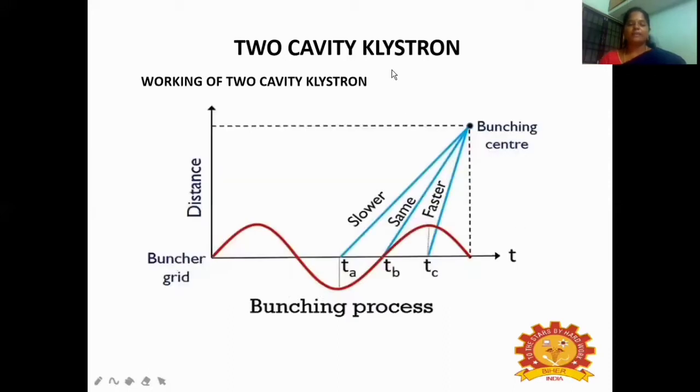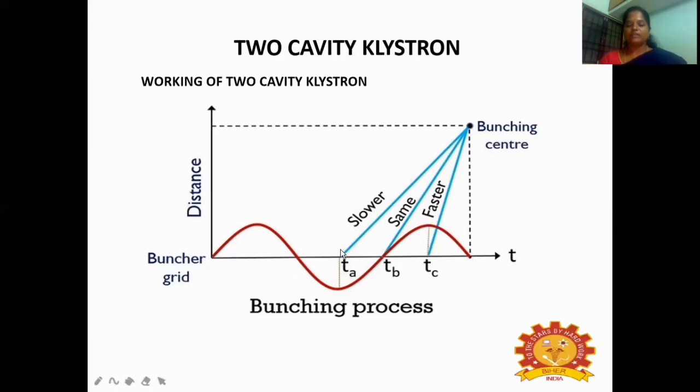So this is the Applegate diagram. The x-axis is time and the y-axis is distance. This is the RF input signal which is applied. This is the electron which has been moving inside the tube. The velocities of the electrons differ.